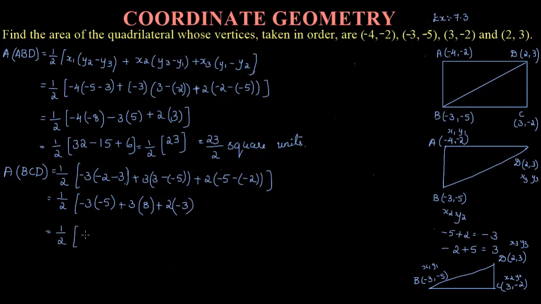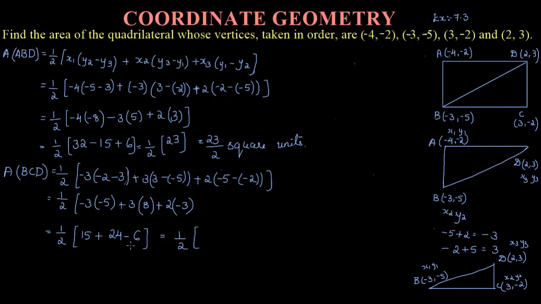1 by 2 into minus plus 15 plus 8 3s are 24 minus 6. Right, so you'll just add the first two values. So 15 plus 24 you will do, and then you will be subtracting it with 6.